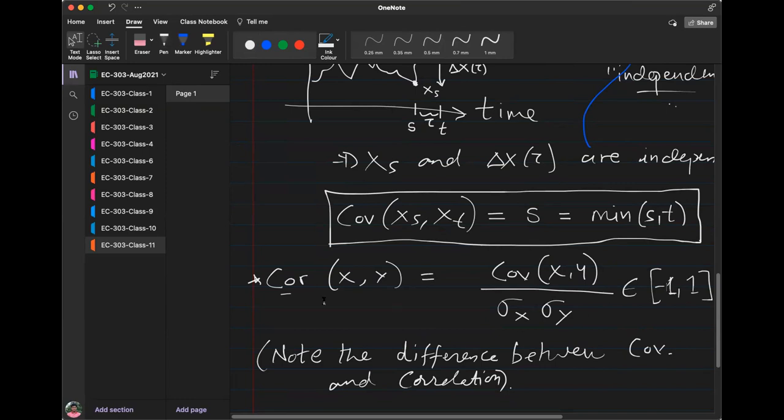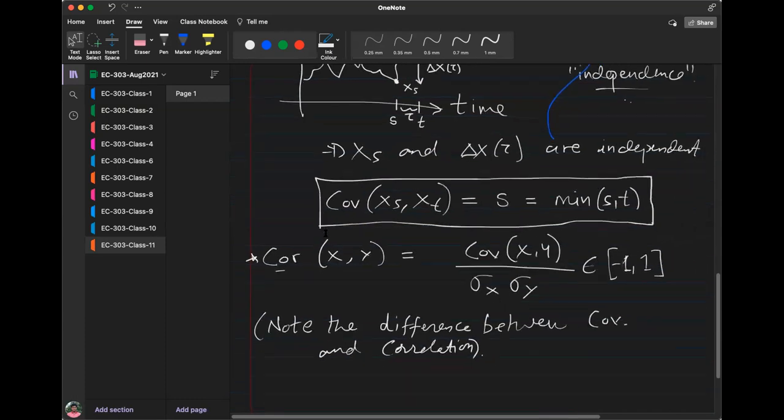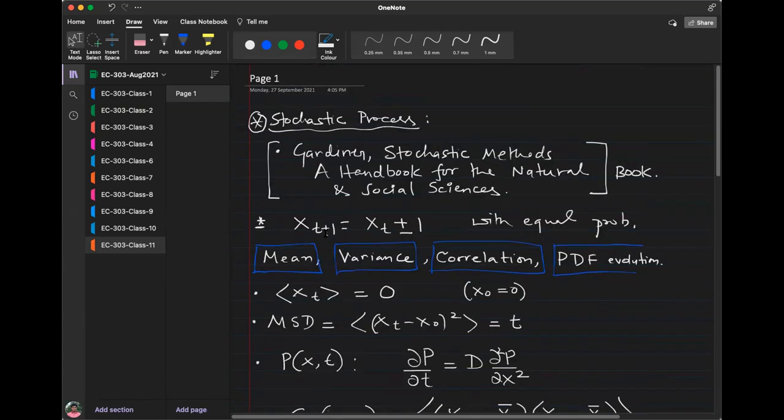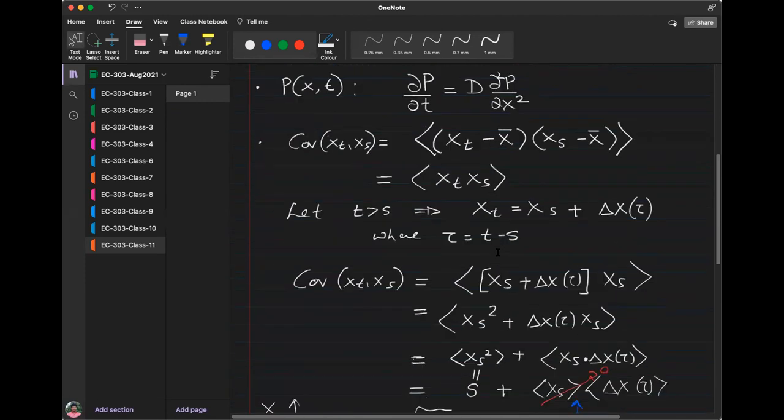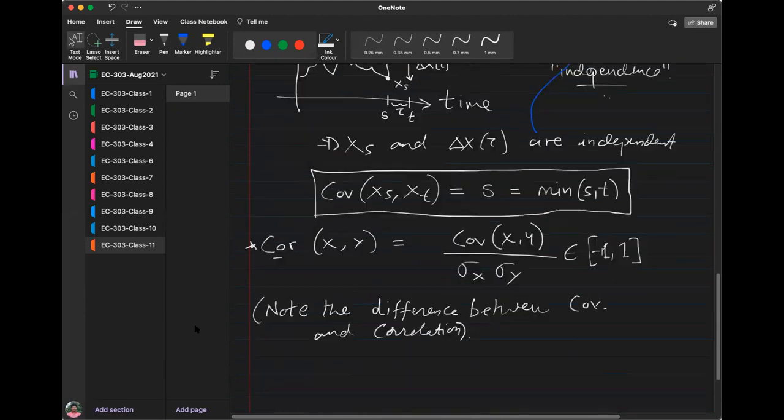Correlation is convenient as a number, bound between -1 and 1 for all types of random processes. So that is just a quick summary of the random walk. It is also a quick summary of a small new calculation about correlations. Any questions before I go forward?